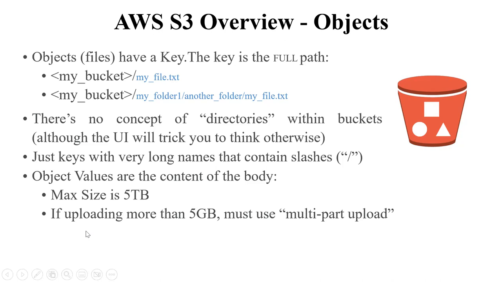But if you are uploading more than 5 GB, you must use multi-part upload. Multi-part upload is a mechanism available at the programming level, and we need to use it if the object size is greater than 5 GB.